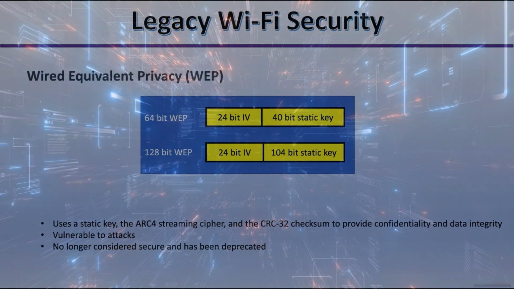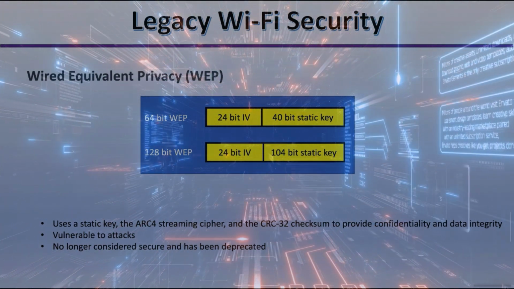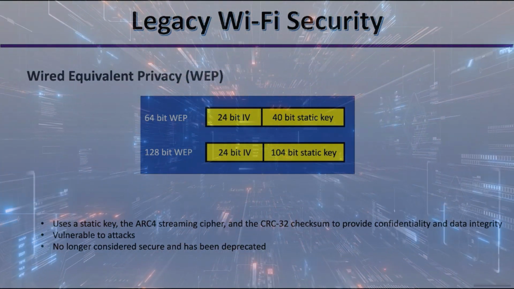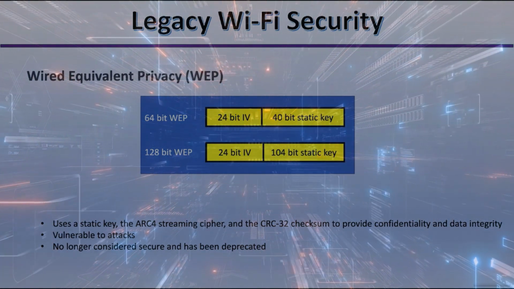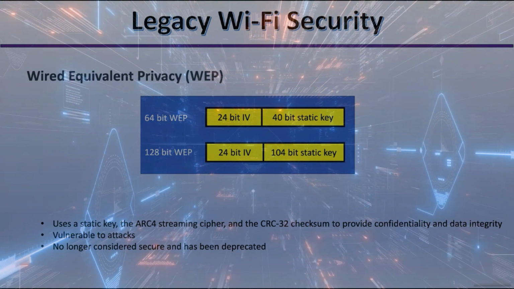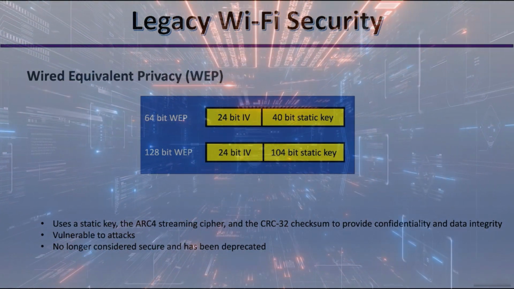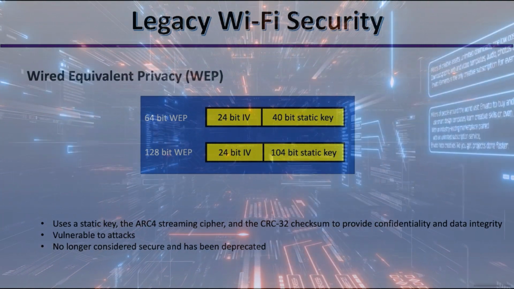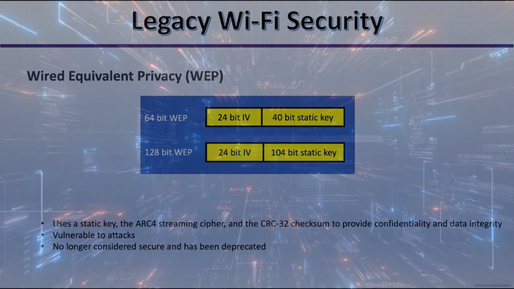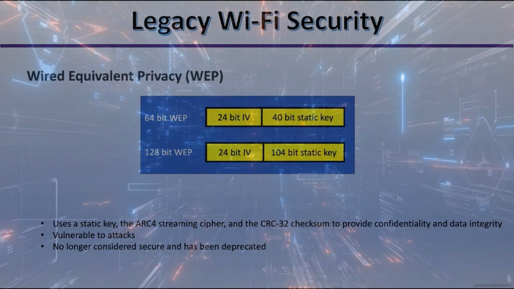Stations connected to a Wi-Fi network using WEP can exchange encrypted messages. The 64-bit WEP key uses a string of 10 hexadecimal alphanumeric characters, while the 128-bit WEP uses a string of 26 hexadecimal alphanumeric characters. These characters are either numbers between 0 and 9 or letters between A and F.